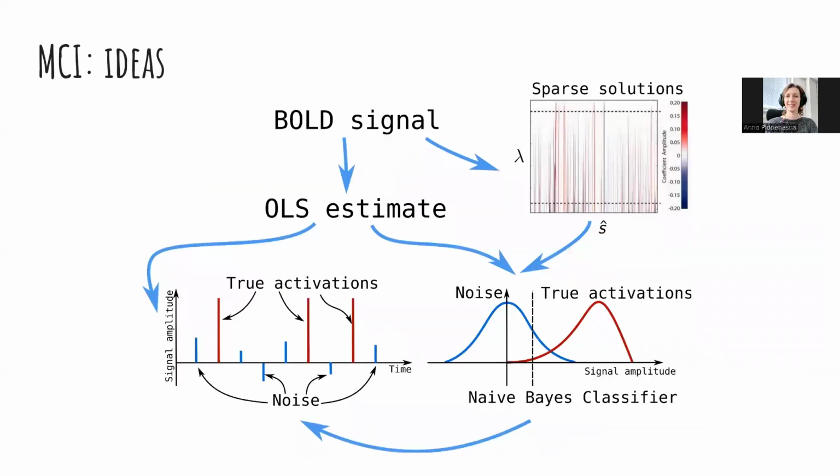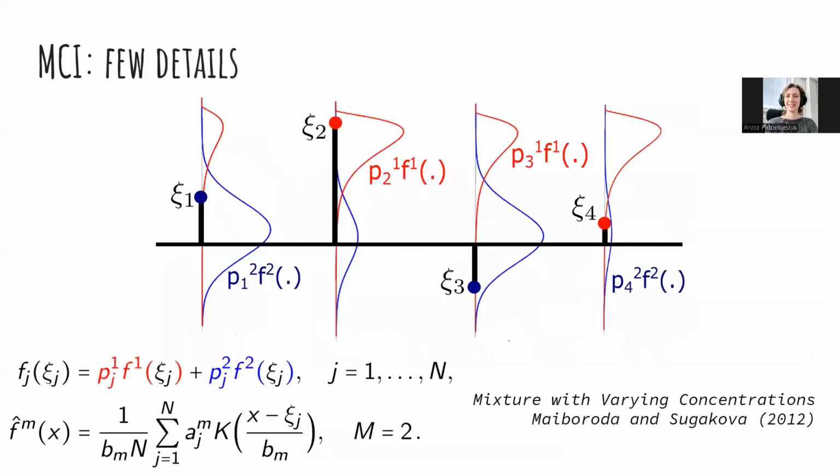In our approach, we assume that activations in the OLS estimate come from two classes, true activations and noise. Then the naive Bayes classifier can be used to distinguish them. However, it requires the knowledge of priors and distributions of classes. We don't know the ground truth, but can estimate the priors and distributions using the OLS estimate itself and the set of sparse solutions. For that, a Gaussian mixture model can be used. But we propose to use the much more flexible model of mixture with varying concentrations.